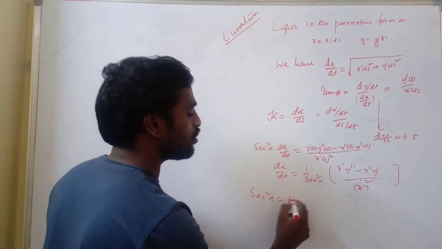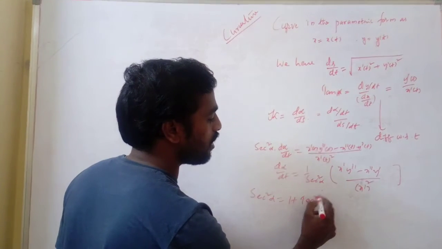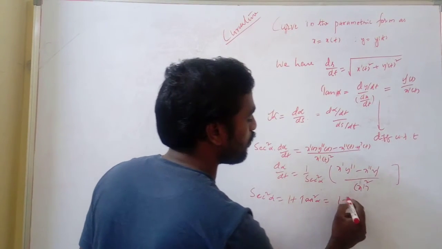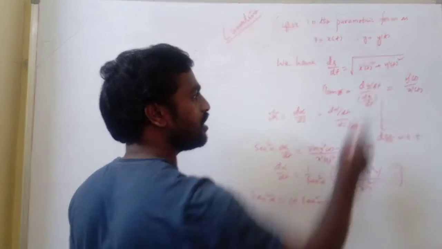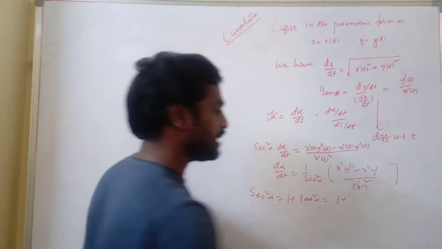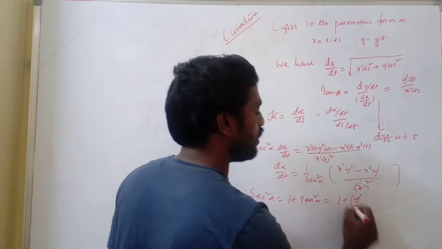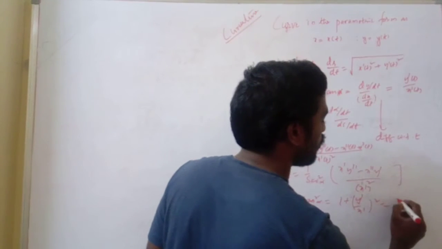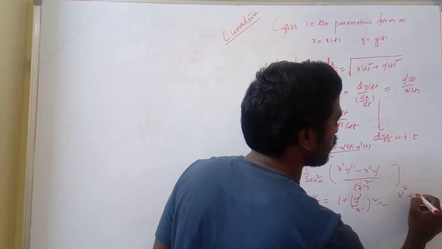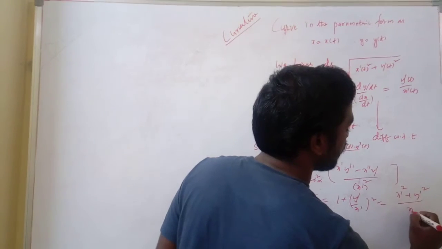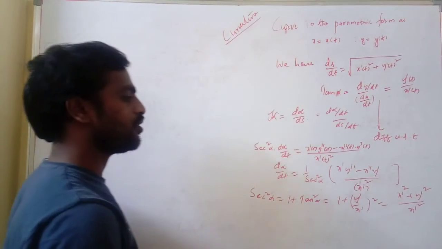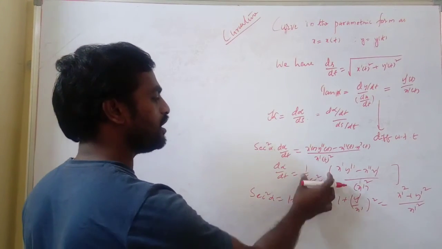Next we should derive secant square alpha. Secant square alpha equals 1 plus tan square alpha. Tan alpha is y dash by x dash, so we can write 1 plus y dash by x dash whole power 2, which is equal to x dash squared plus y dash squared by x dash squared. All these terms are substituted in the given one.